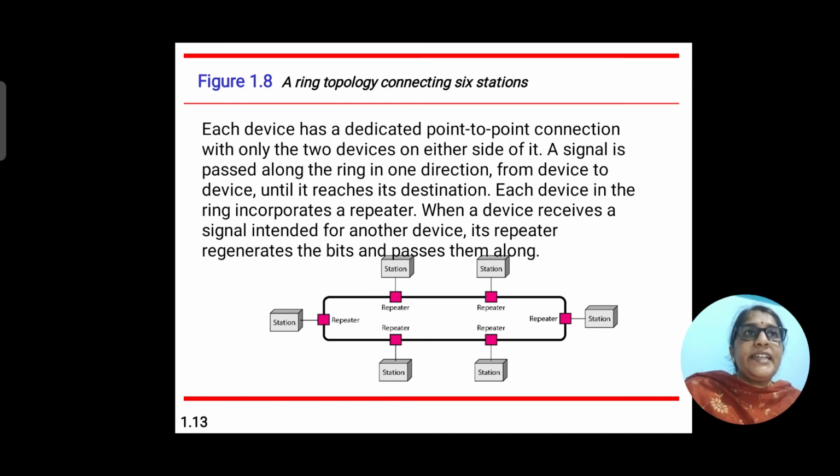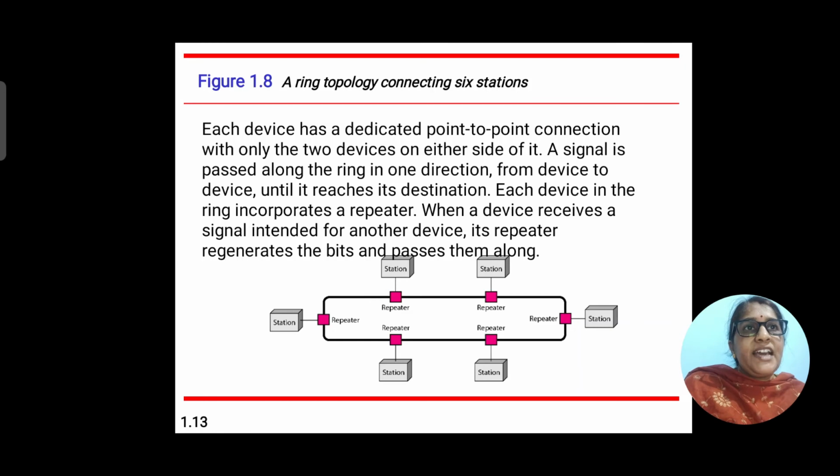Next one is the ring topology, connecting 6 stations. In ring topology, each device has a dedicated point-to-point connection with only the 2 devices on either side of it. A signal is passed along the ring in one direction from device to device until it reaches its destination. Each device in the ring incorporates a repeater.